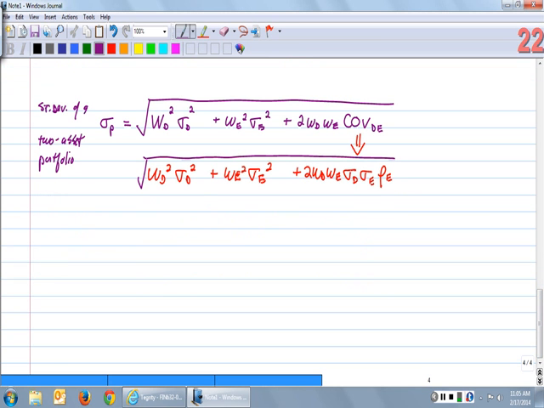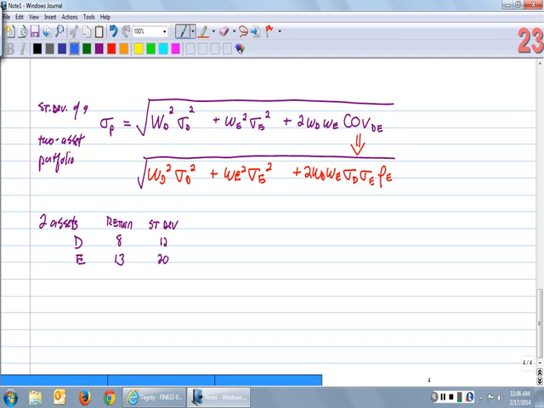Let's take a look at an example. Here again are our two assets, asset D and asset E. The return for each asset, this is in your book by the way, is 8 and 13. The standard deviation of each asset is 12% and 20%.